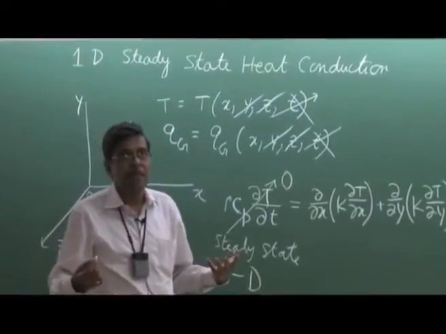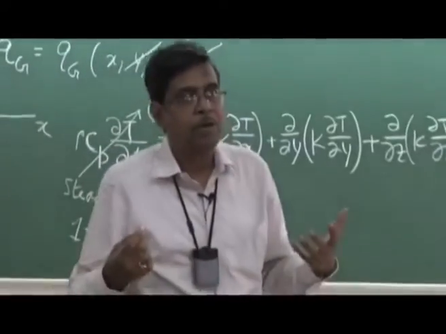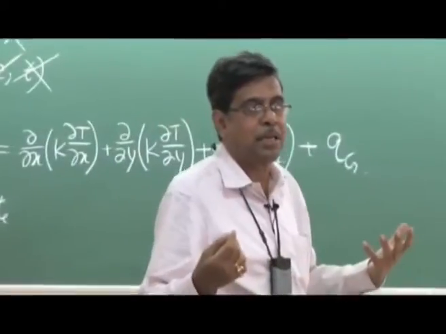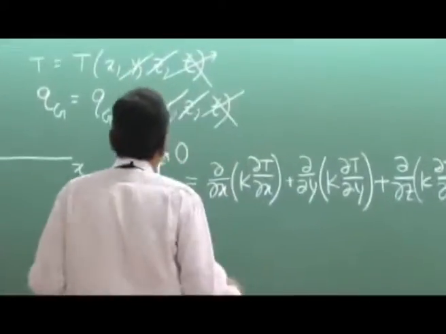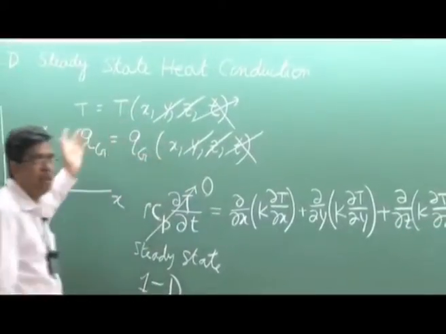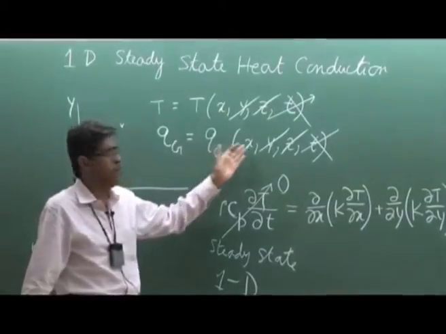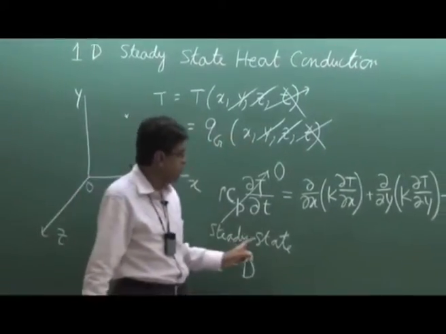That means the volumetric generation of thermal energy, that means the rate of thermal energy generation per unit time, may be constant at each and every point in the medium. In that case, this will be simply constant. Even the x dependence will not be there. But in general, x dependence will be there.